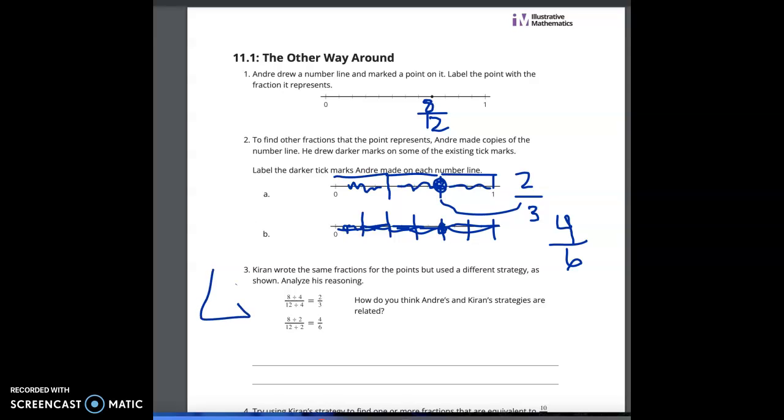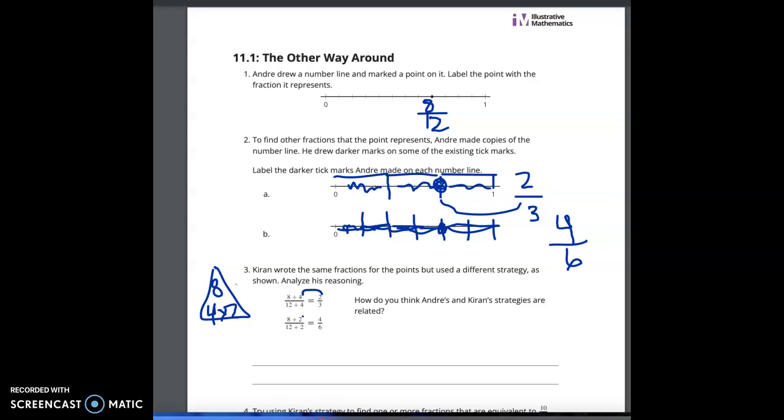So if we think of our triangle, and we have 8 here, and we have 4 here, and we have 2 here, we can say 4 times 2 equals 8, or 2 times 4 equals 8, or 8 divided by 4 equals 2, or 8 divided by 2 equals 4. Okay, so if we're checking their math, 4 times 2, it does equal 8, and 4 times 3 does equal 12. Okay, this next one right here, same thing.